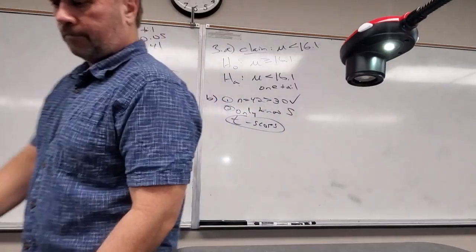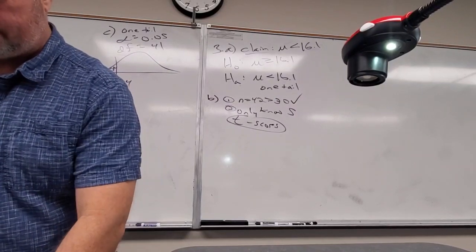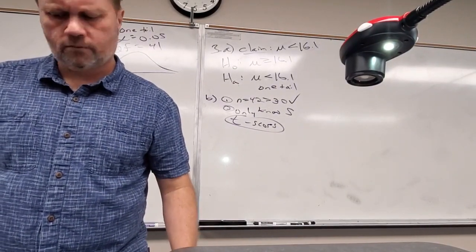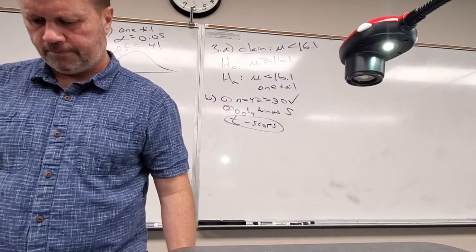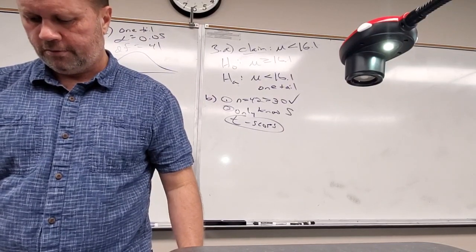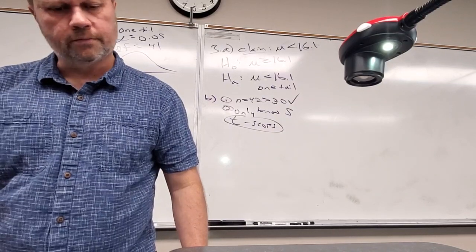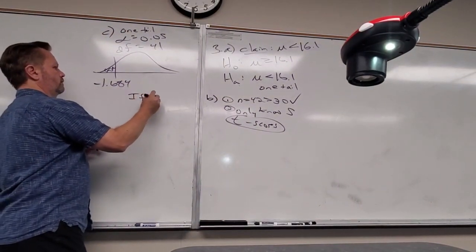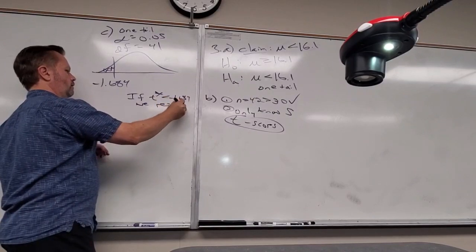If T star is less than negative 1.684, we reject the null.